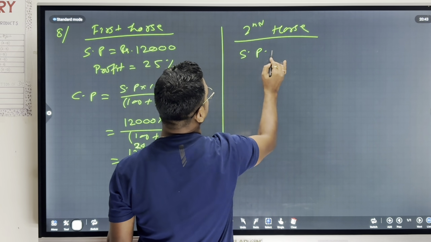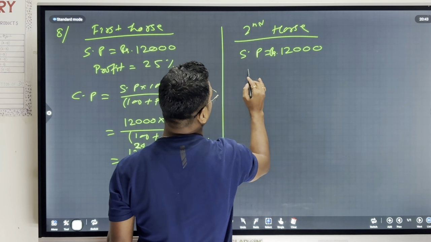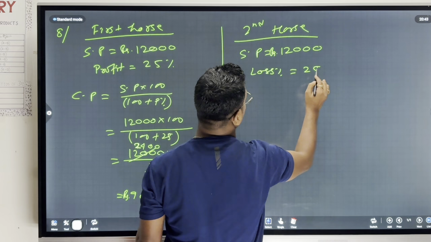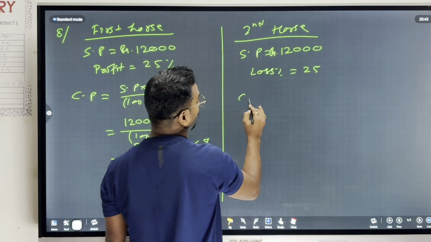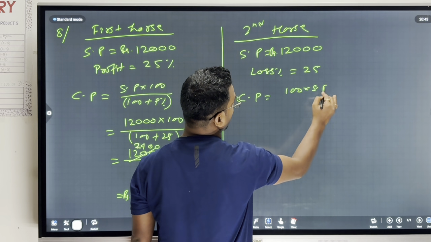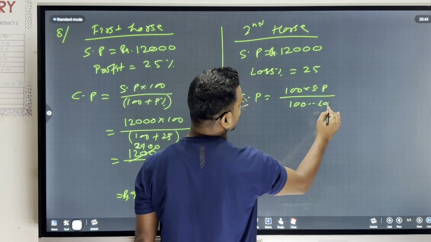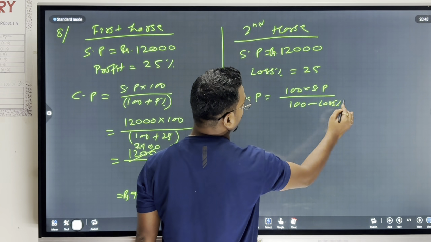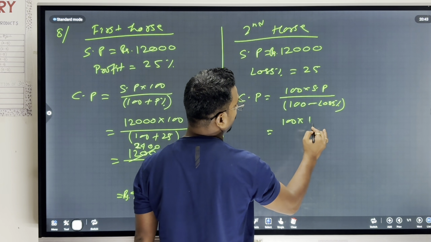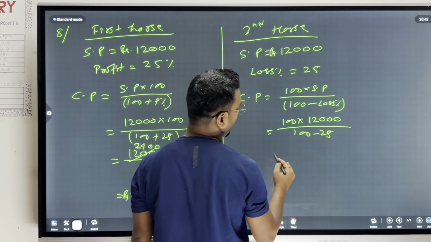Here also selling price is given same, 12,000 rupees, and loss percent is given how much? 25%. So what is the cost price? So SP into 100, and here 100 minus loss. In case of loss, we will be applying minus. So 100 multiplied by 12,000, 100 minus 25.